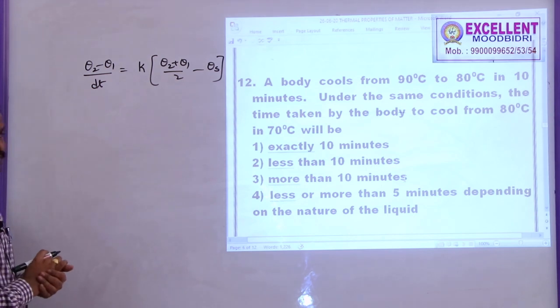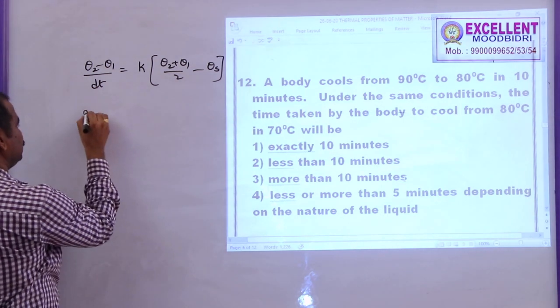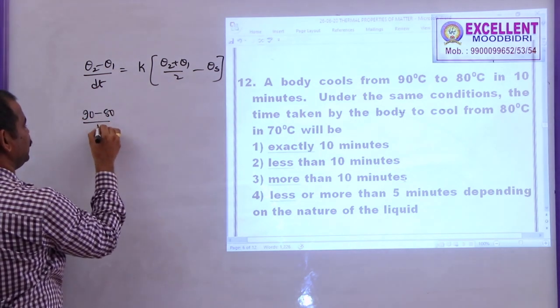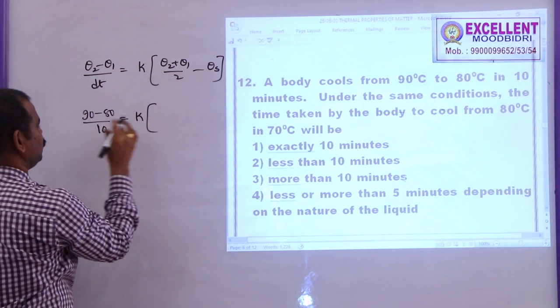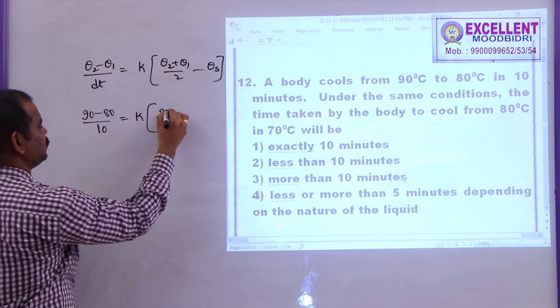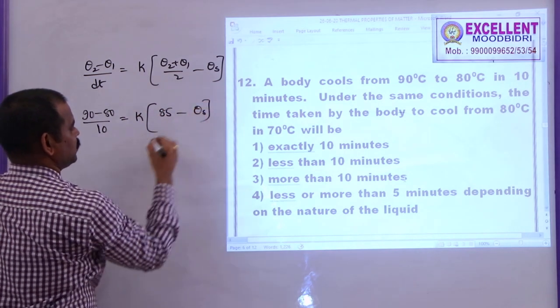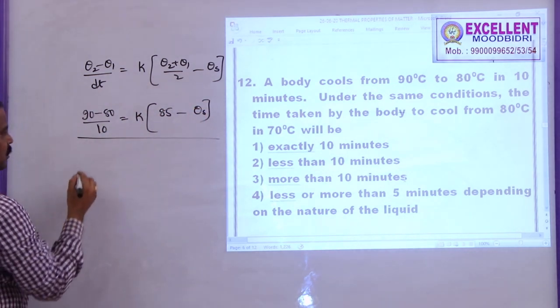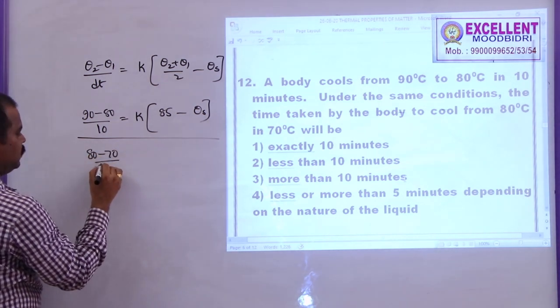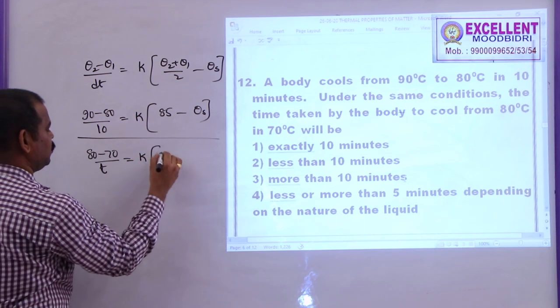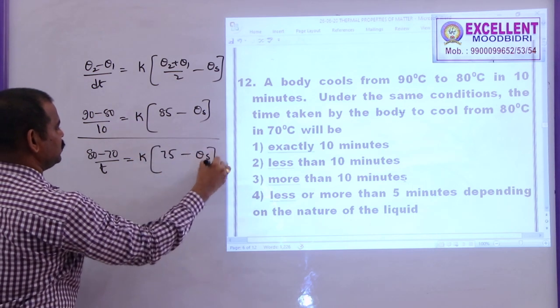This is Newton's law of cooling. In this case, this is 90 minus 80 by the time given 10 is K into 90 plus 80 by 2, that is 85 minus theta s. In the second case, 80 minus 70 by T is equal to K into 75 minus theta 2.